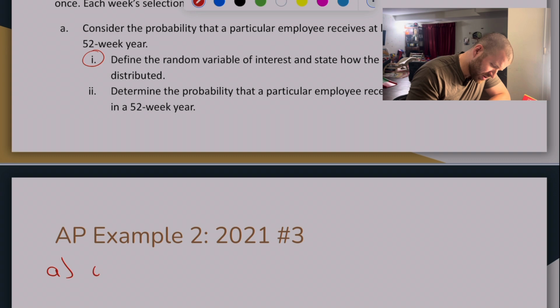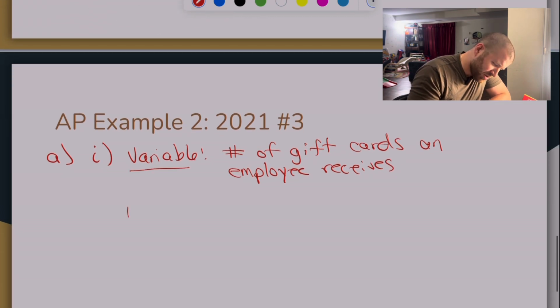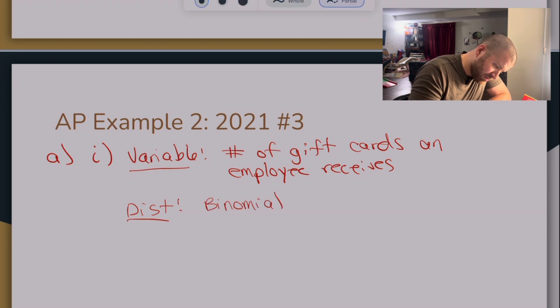So in this case, for part A1, the variable is the number of gift cards an employee receives. How it is distributed, it is binomial with n equal, right?